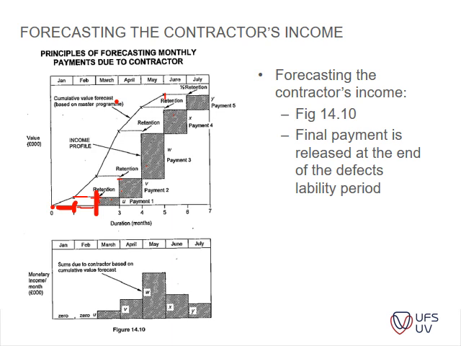Then you put in your last invoice, the practical completion invoice, and you get your payment there, and then you have to wait until the defects liability period is complete, which is a year or 3 months depending on your contract. So you only get it after a while on this side.